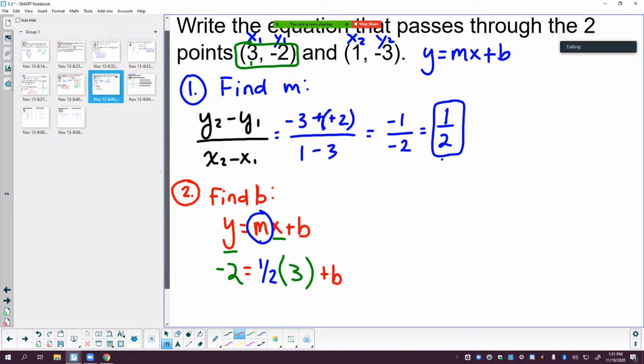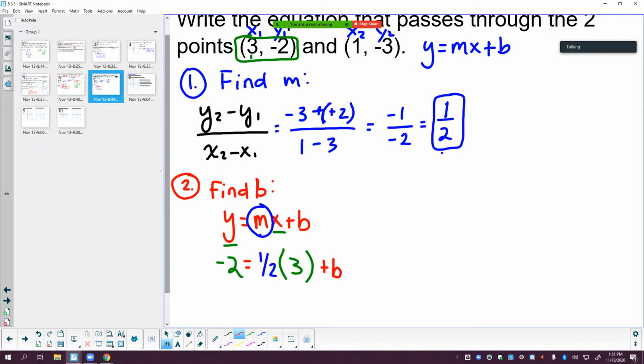So I tried to do it in color so you can see what matched what. Green comes from the ordered pair that I boxed in green. Blue comes from the slope that I did in blue. Now whenever I solve this, I have to multiply right here. So this is still negative 2. 1/2 times 3 is 3 over 2, or 1 and 1/2.